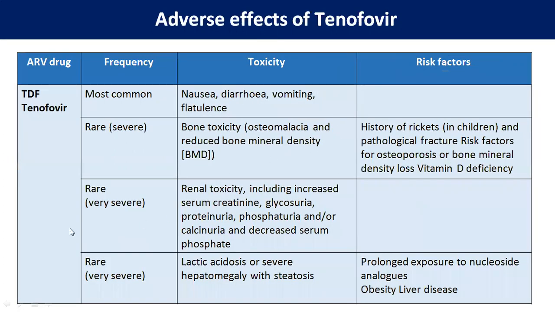Then tenofovir. Common effects are nausea, diarrhea, vomiting, flatulence, or bone toxicity, that is, reduced bone mineral density. But we don't have the machine for children below 8 years, at least in the government setup, and sometimes not in good hospitals also.